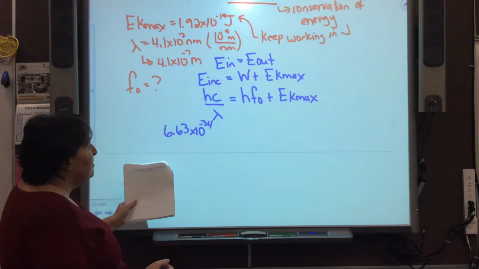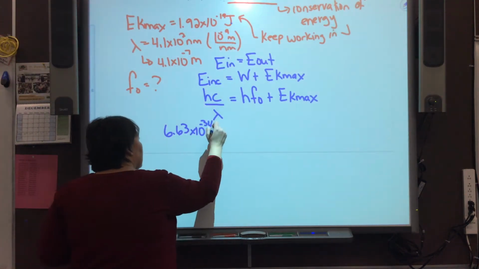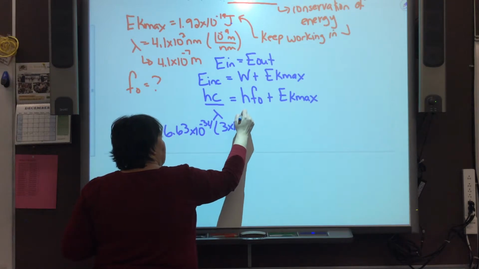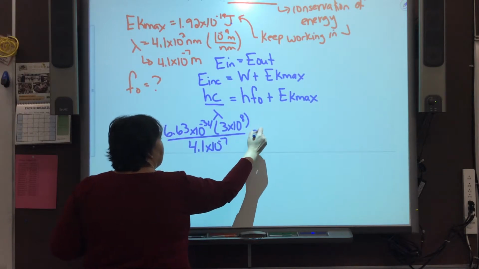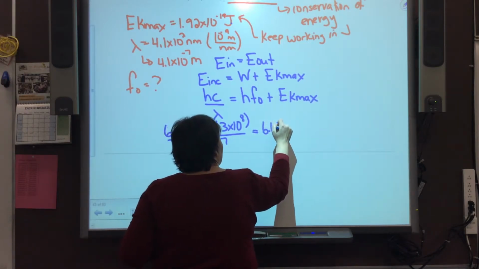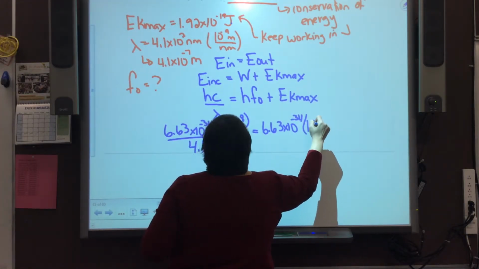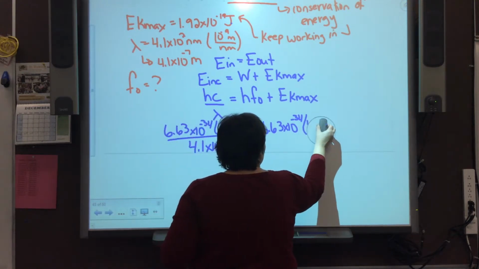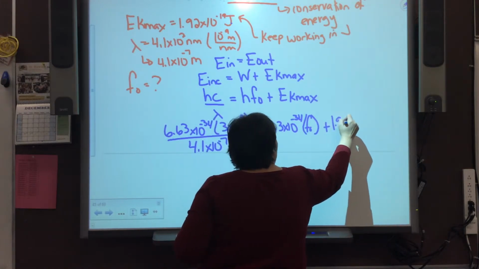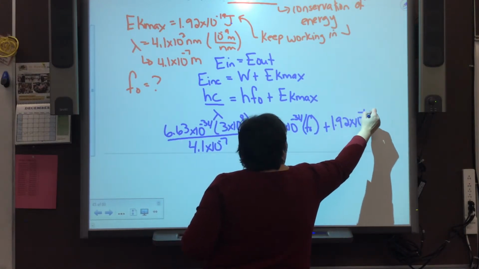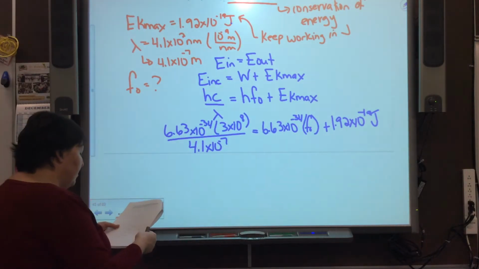We're now committed to using this one specifically because we are working in joules. 3 times 10 to the 8, over 4.1 times 10 to the negative 7, is equal to HFO plus, and that's what we're looking for, 1.92 times 10 to the negative 19 joules.